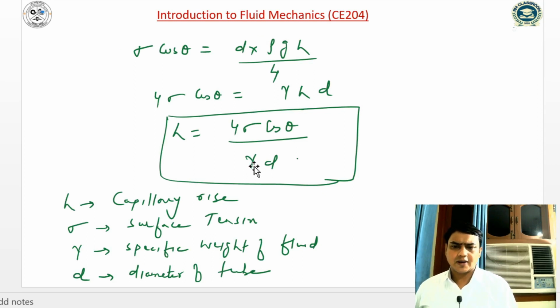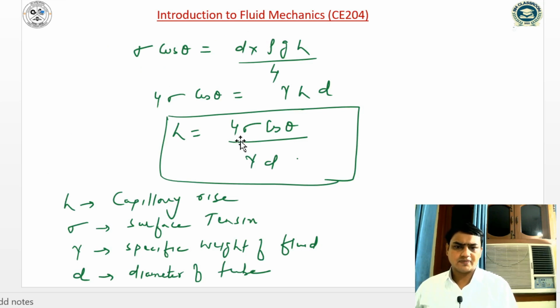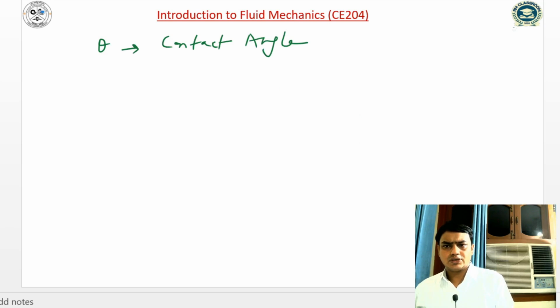Similarly, the expression of capillary fall will also be the same, but the value will be negative. The expression of capillary fall is also 4 sigma cos theta divided by gamma into d.